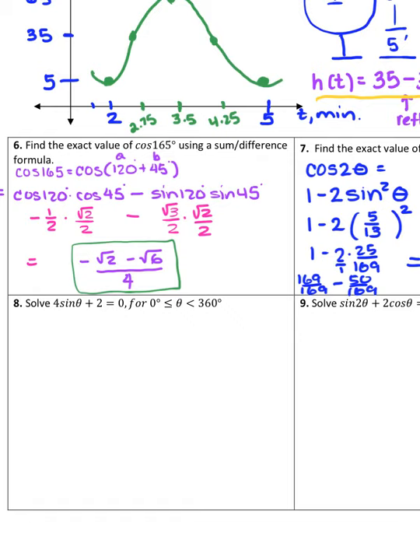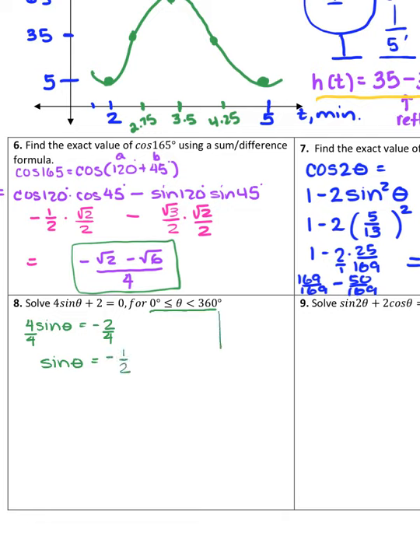All right, now we have solving. So 4 sine theta plus 2 equals 0, and we want all the solutions within 1 revolution of our unit circle. So first thing I want to do is isolate my sine theta. So I'm going to subtract 2, then I'm going to divide by 4 so that I have sine theta equals a negative 1/2.